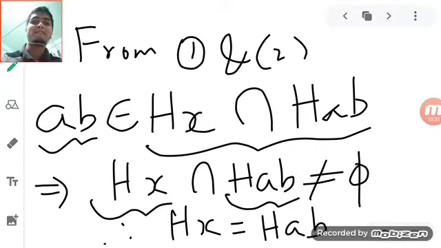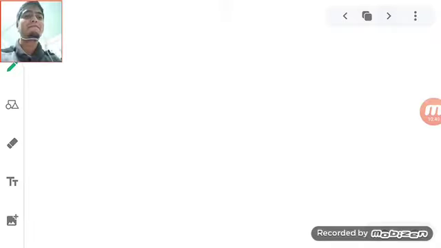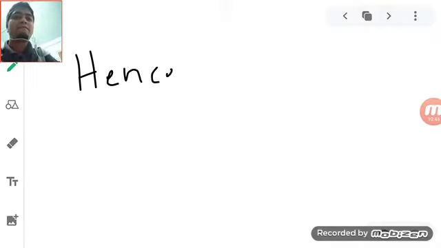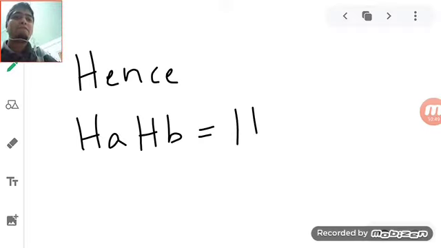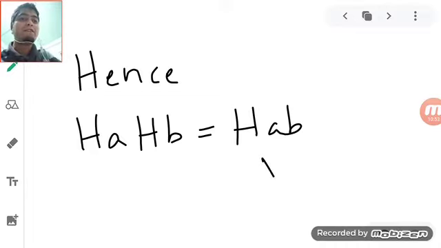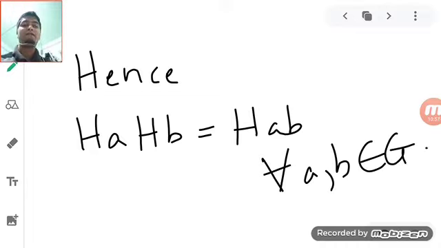Once the intersection of two right cosets is non-empty, they will be equal. Hence, HA, HB will be equal to HAB, for all a and b belonging to G.